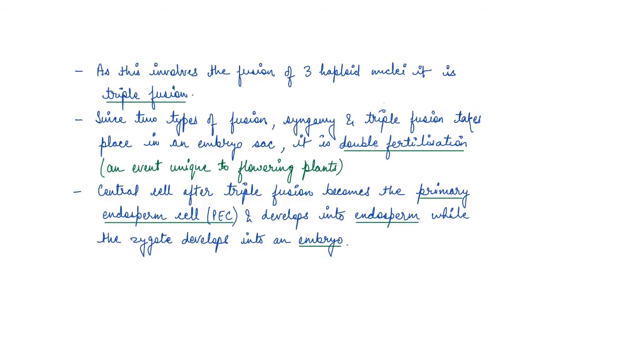Now with this we have finished double fertilization. In the next video, we are going to cover post-fertilization events: the formation of endosperm, the formation of embryo, and then the formation of fruit and seed. I hope you understood both the pollen-pistil interaction and double fertilization very well.